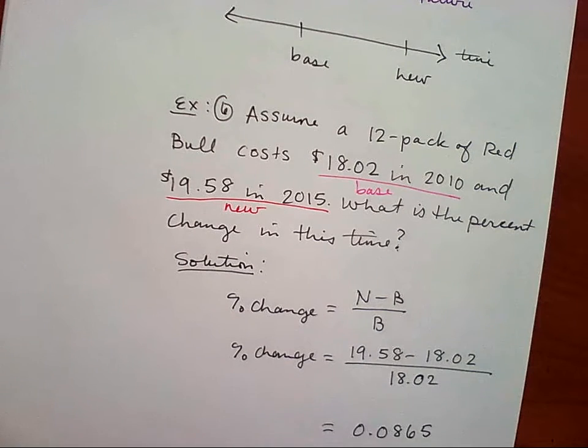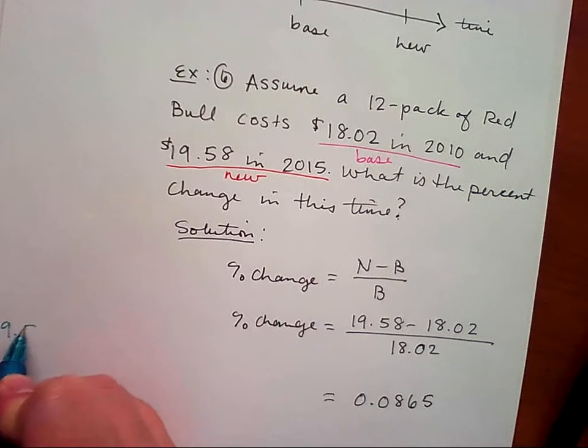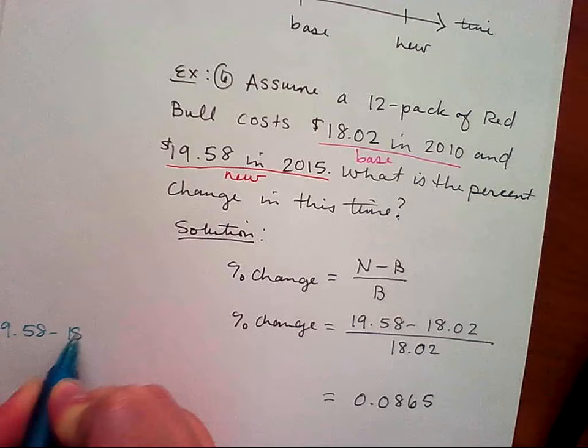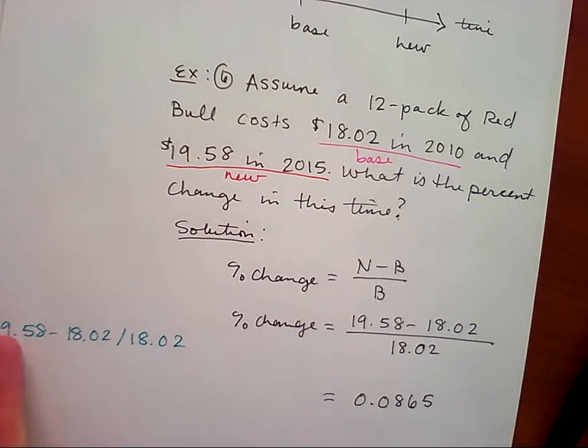Okay? What do you guys think? Well, I didn't do it that way. I did 19.58 minus that and then divided it. I got 11.55. Okay, so I'm going to show you what you did. 19.58 minus 18.02 divided by 18.02. Is this what you did?